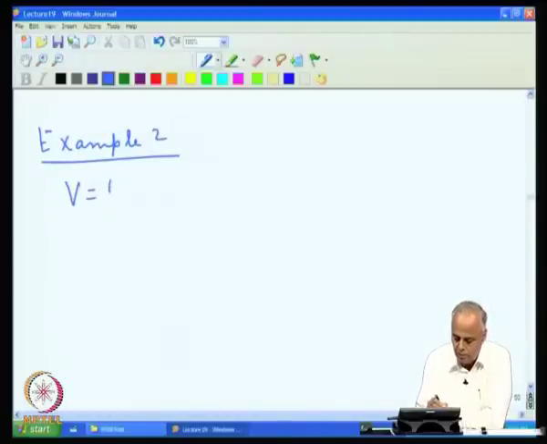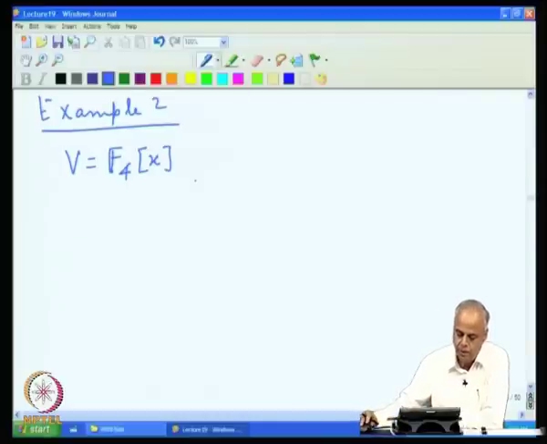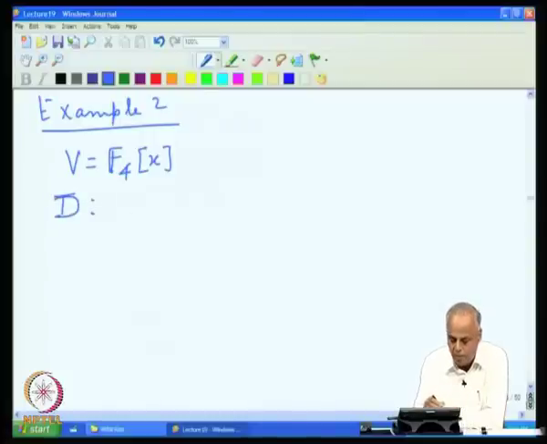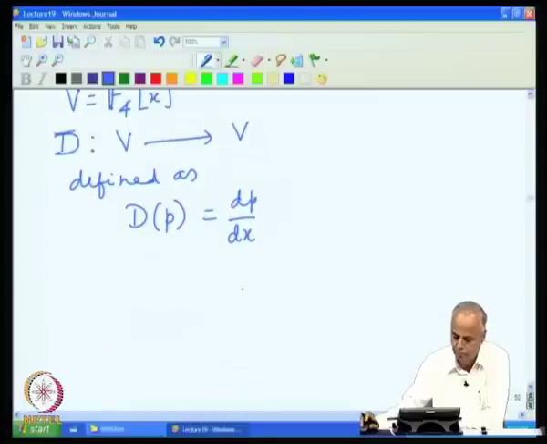Let us consider V to be the collection of all polynomials of degree less than or equal to 4 with coefficients from F. We will now look at a linear operator, that is a linear transformation from V to V defined as D of any p is dp by dx, the differentiation operator.